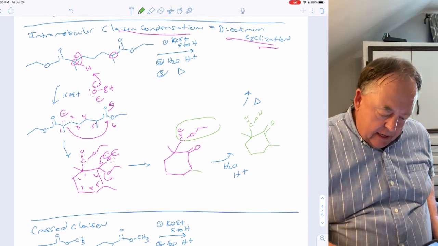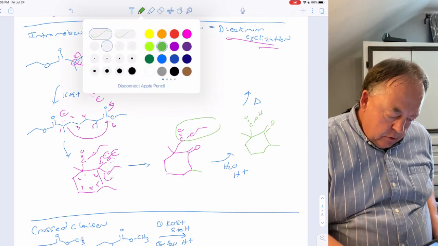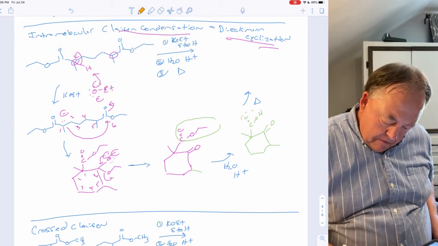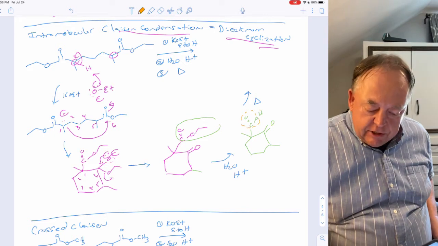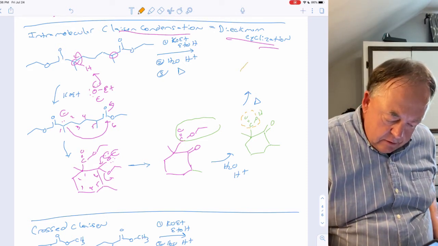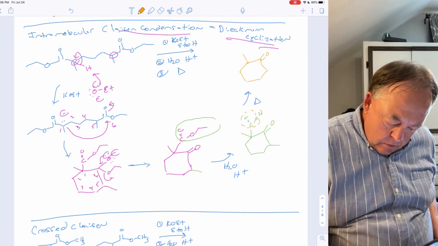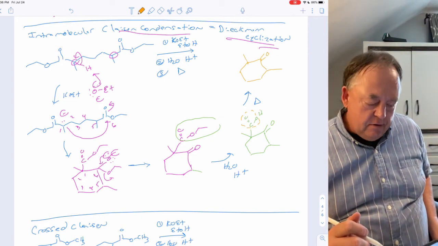And then if you heat that up, you're going to lose CO2 and bump hydrogen down into its place. And that would be your final product.